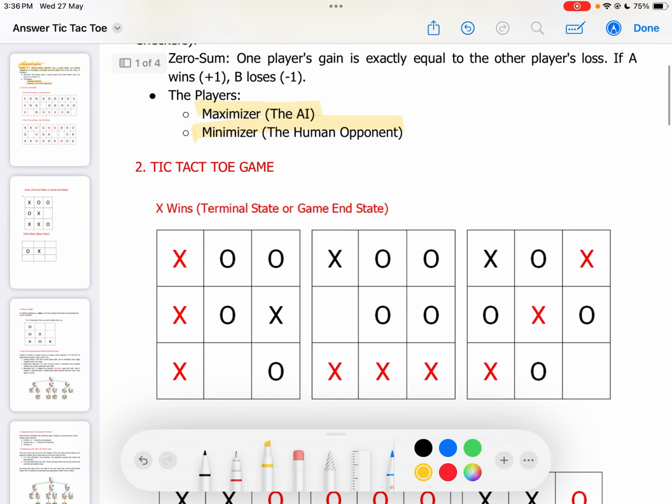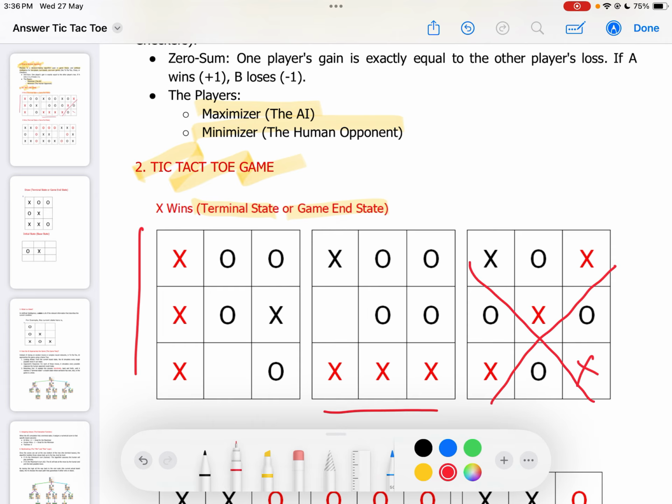Second is the actual tic-tac-toe game, where this is the terminal state or end state. What is it? If A wins, it's using X. Humans are going to use O, let's assume you are going to play against the AI. If A wins, either it's going to be a vertical X or a horizontal X in three boxes, or a diagonal one, either this diagonal or this diagonal.